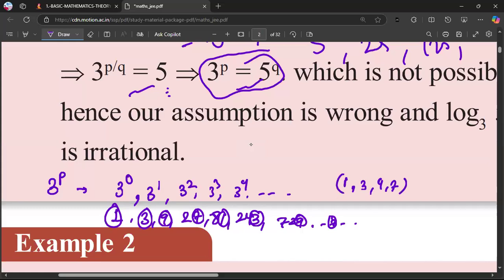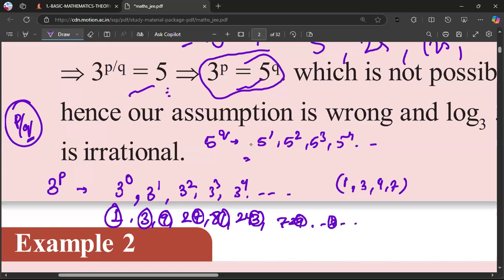And now if we discuss the powers of 5, 5's power cannot be 0, right? Why can 5's power q not be 0? Because if a rational number is written in p by q form and q becomes 0, the whole number becomes not defined, which is not rationality. So it will go on like this.